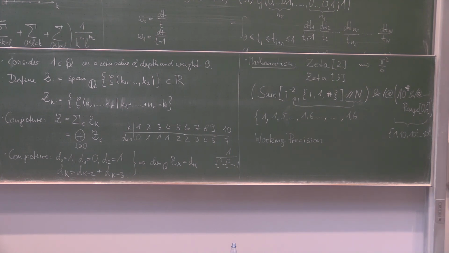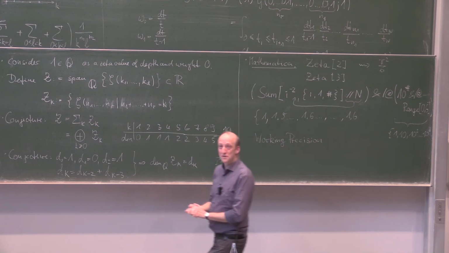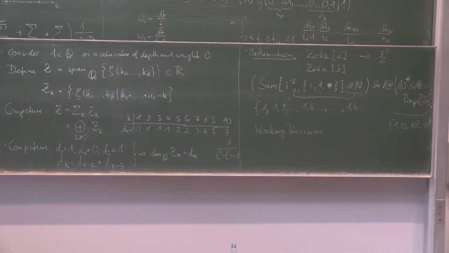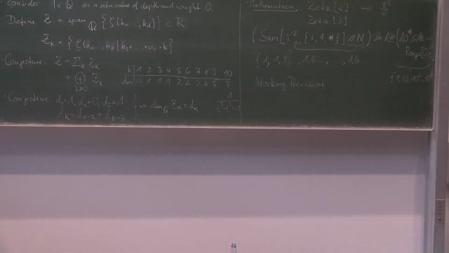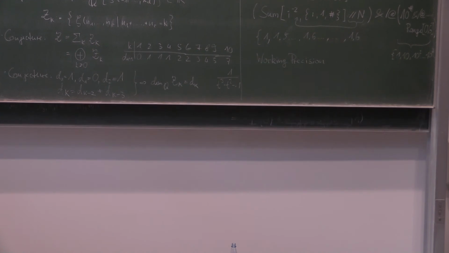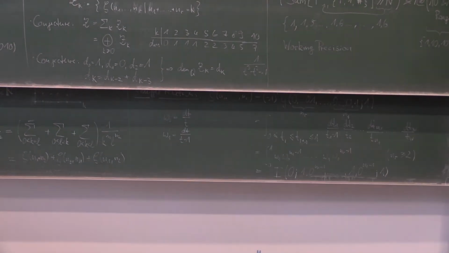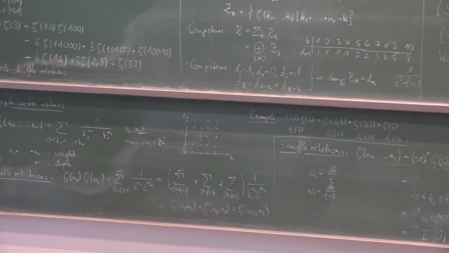Having said this, 100 or 160 digits is for experiments with zeta values a rather low number. If people are considering multiple zeta values of high weight, say 20, 25, whatever, we are rather talking about 8,000, 10,000 digits, which you will need for numerical experiments.